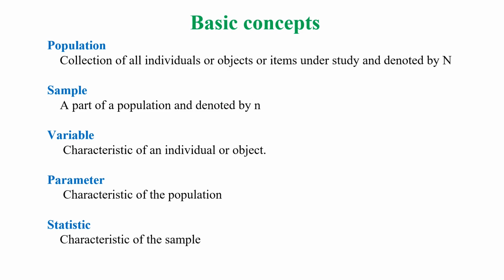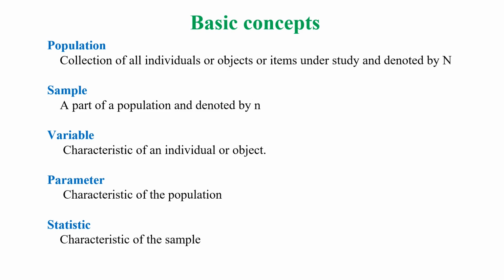So these are the height, weight, the satisfaction level, the stress level, all these are the variables. So any characteristic of an individual or an event or an object is called a variable.